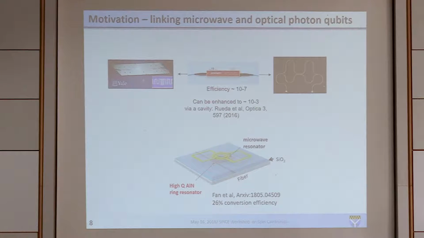The optical loss in those materials is like dB per meter, okay? And in our YIG, we're talking about dB per centimeter. Again, there's an order of magnitude improvement that needs to be done.